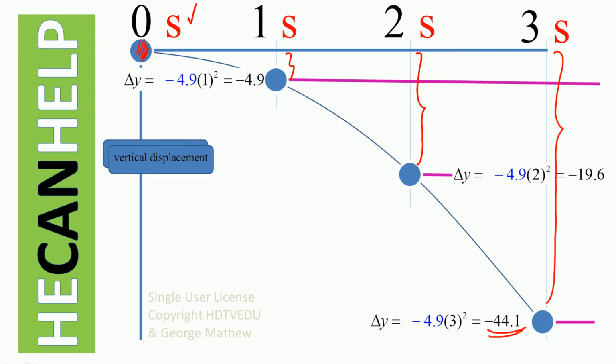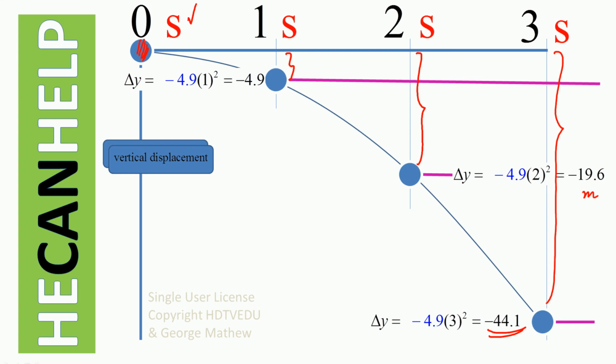And how do we say that? Negative 4.9 meters. When t is equal to 2 seconds, we are 19.6 meters below the starting point. How do we say that? Negative 19.6 meters. When t is equal to 3 seconds, we are 44.1 meters below. How do we say that? Negative 44.1 meters.